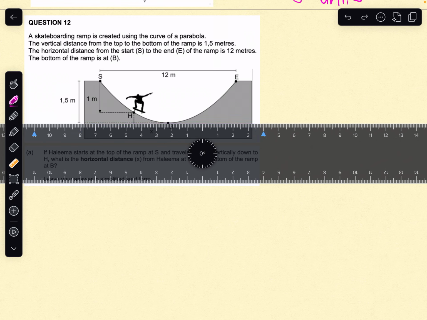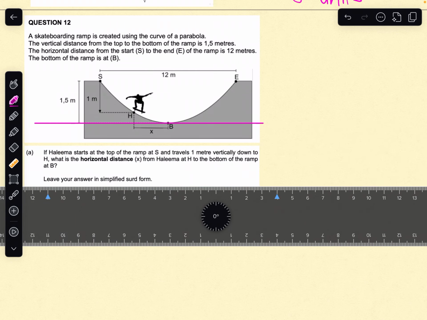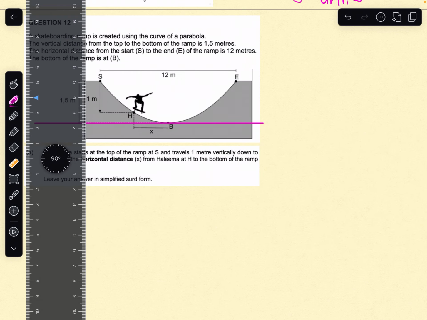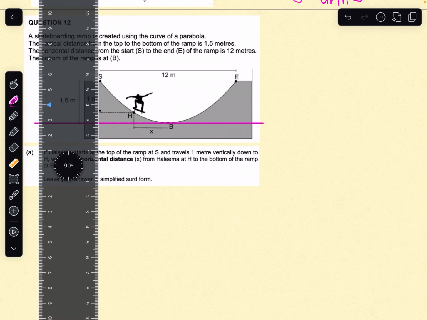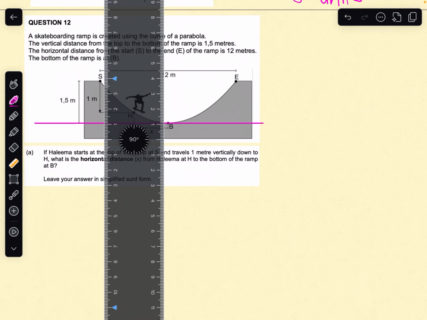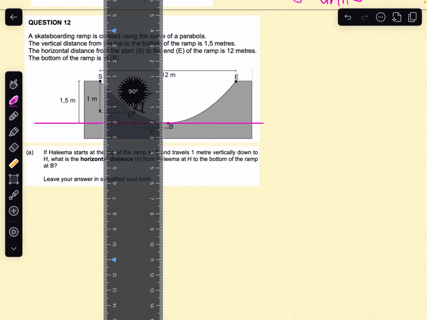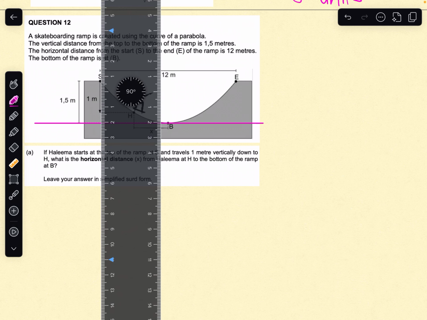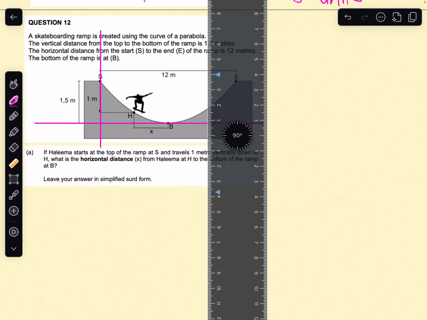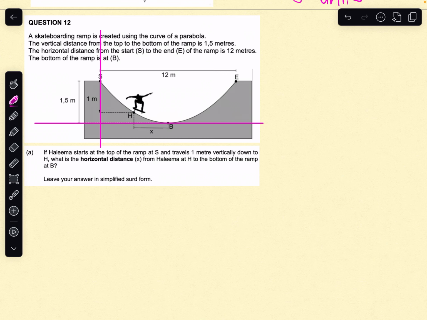My y-axis, I don't think it's really important to commit to any particular placement, but I'll put it here. Right, so I'm going to treat this as my origin.